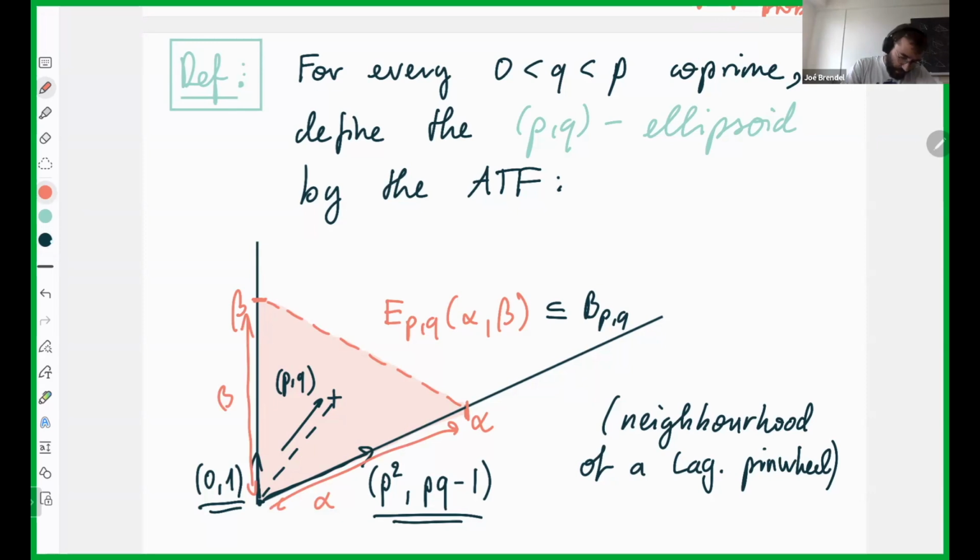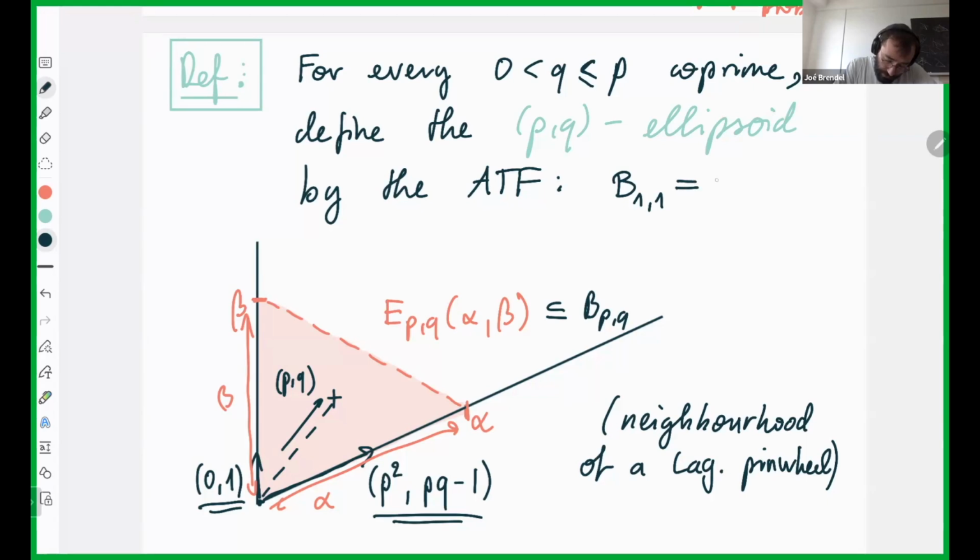And the examples are, so the total space I call B_PQ. The first one would be B_11, which kind of violates this condition here, so let's put a non-strict inequality here.